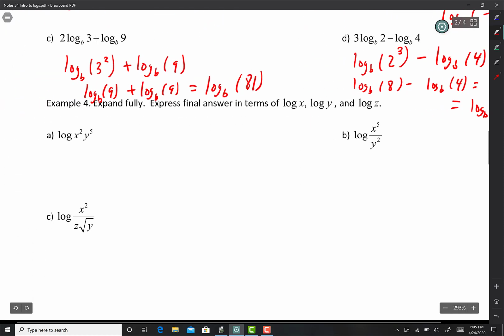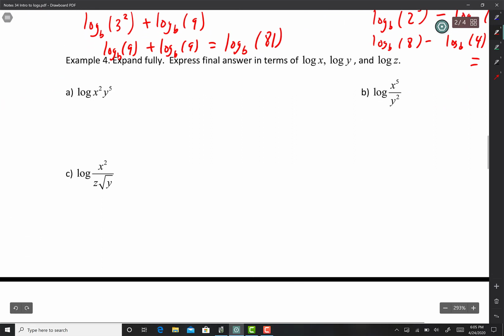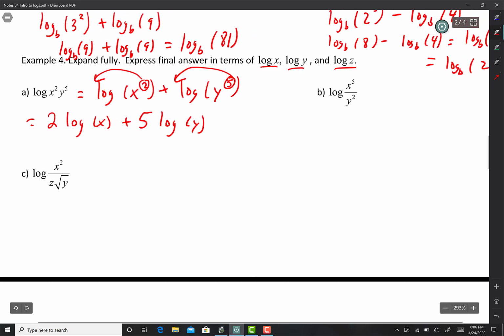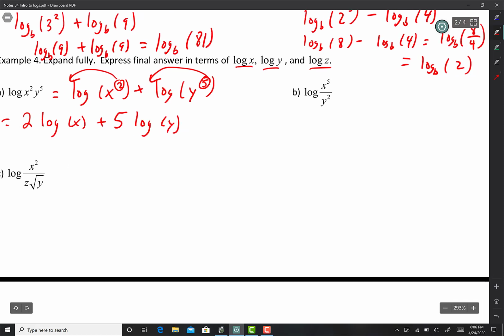All right, here we go. Now they want me to expand. So let's expand. And they want to see just log x, log y, and log z, if there's a z in there. So this is just going to be log of x squared plus log of y to the 5th. And then I'm going to move this 2 to the outside, and I'm going to move that 5 to the outside. So I have 2 log x plus 5 log y. Yay. All right, on this one here, we're going to do the same thing, guys.